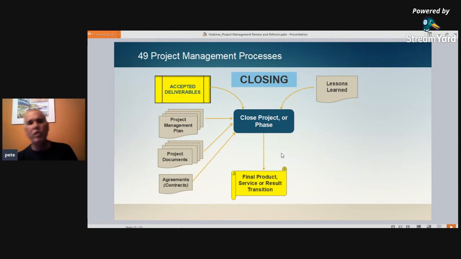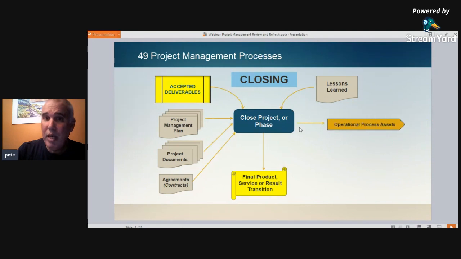In close project or phase, we're also going to bring in our lessons learned that we've been collecting all through project execution. And they will become organizational process assets.